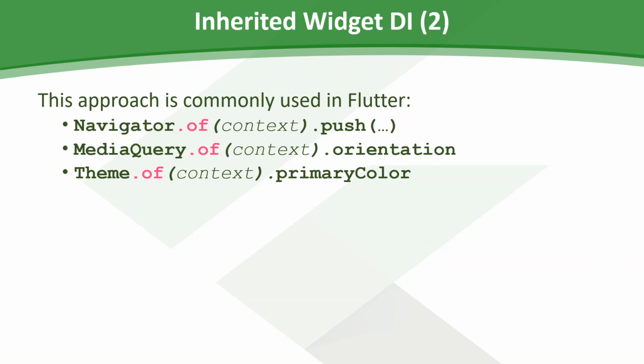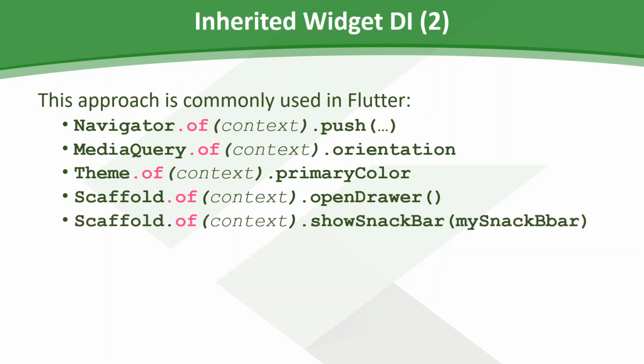You have Theme.of when you want to use theming, like in order to get your centralized sort of CSS, your theme information. You climb up to your MaterialApp to get the Theme.of. Scaffold.of, again the same. And then Scaffold.of if you want to open a drawer, or open a snack bar.